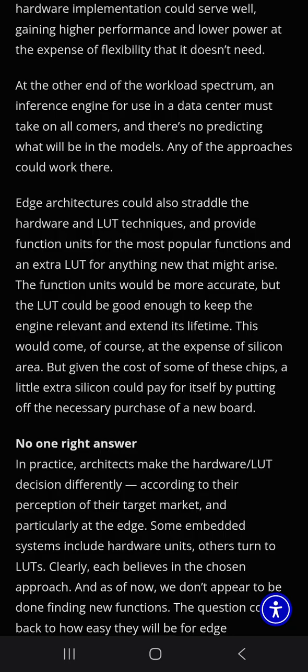The function unit would be more accurate, but the LUT could be enough to keep the engine relevant and extend its lifetime. This would come, of course, at the expense of silicon area. But given the cost of some of these chips, a little extra silicon could pay for itself by putting off the purchase of a new board.